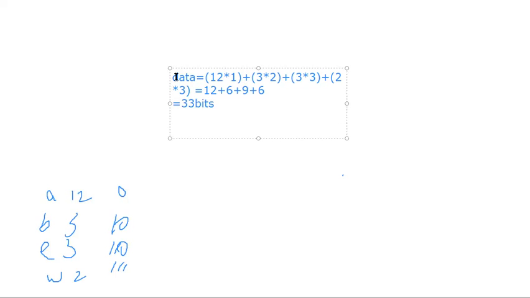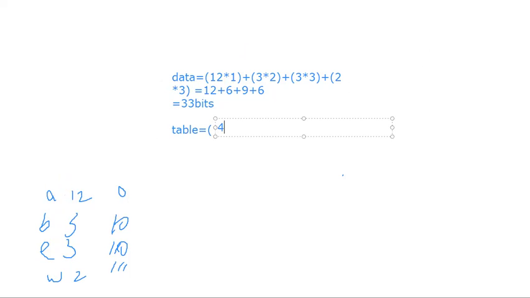Coming to the table part, here it will be 2 parts. Let me take the cursor up. A, B, E, W. How many characters are there? 4 characters, correct?